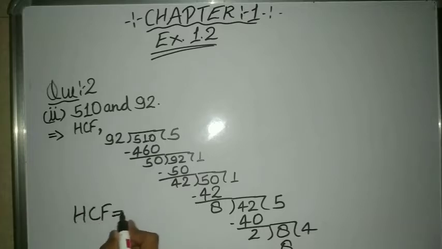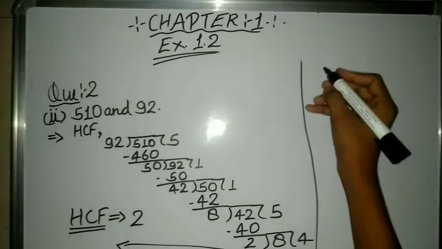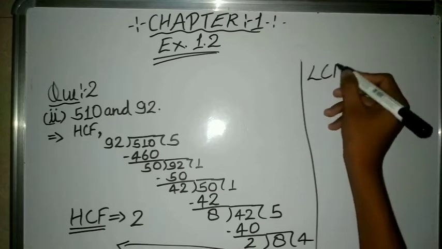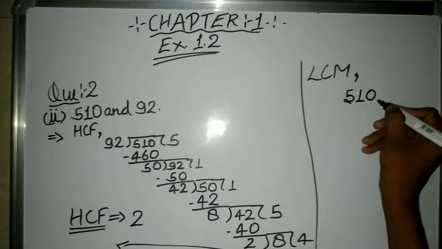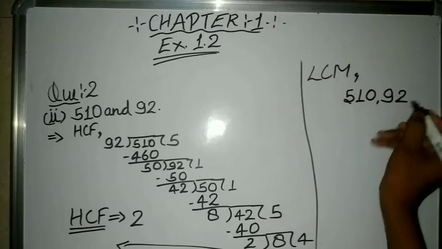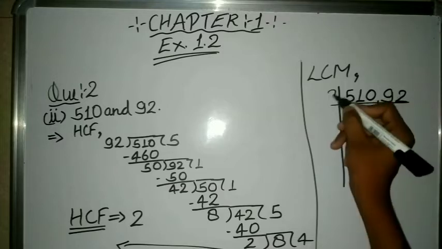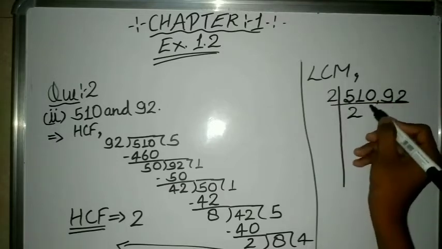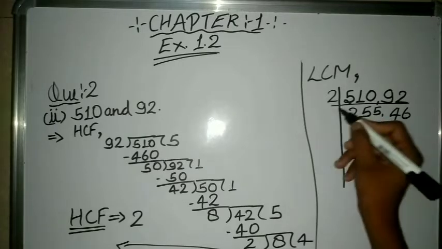Now we have to find the LCM, and after that we can verify. We know the formula that HCF into LCM is equal to the product of the two numbers, so we have to find the LCM first. Finding the LCM is a very easy trick. 510 and 92 have a common factor of 2, so it becomes 255 and 46.